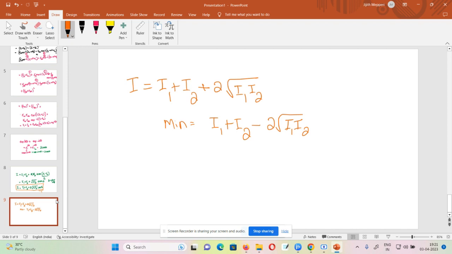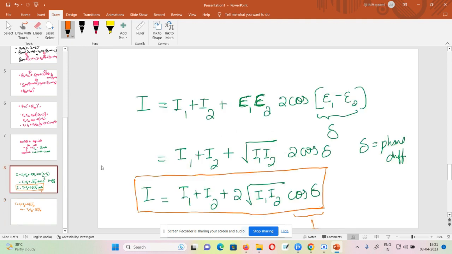So you are missing the phase and the complex nature of the wave. That's why you cannot easily come to that original equation. So this is the important equation: total irradiance is equal to I1 plus I2 plus 2 square root of I1 I2 cos delta. You know why this is important?